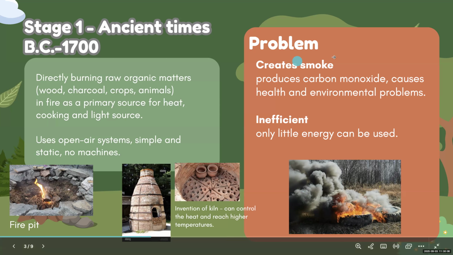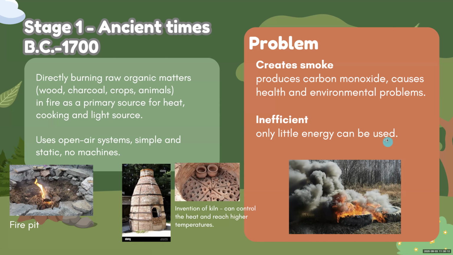The main problem is that it creates smoke and causes health and environmental problems. And it is also inefficient. Only a little energy can be used because it's all burned and you cannot really maintain it.